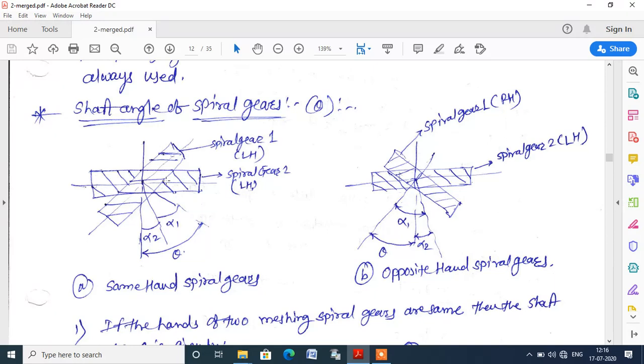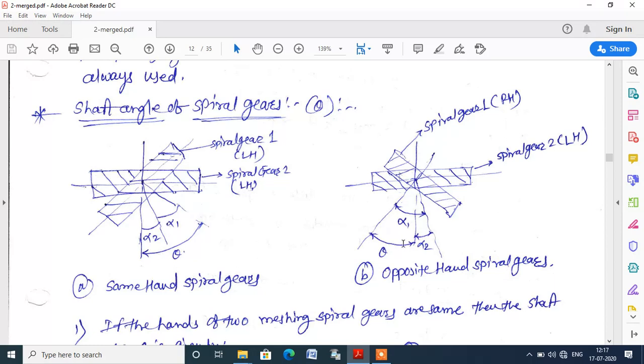This is spiral gear 1 and this is spiral gear 2. Spiral gear 1 has a left hand helix, and spiral gear 2 also has a left hand helix. Alpha 1 is the spiral angle of gear 1, alpha 2 is the spiral angle of gear 2, and this is the total theta. So in this case, with same hand spiral gears, theta equals alpha 1 plus alpha 2.